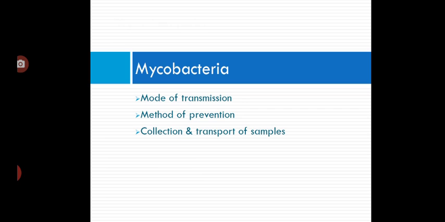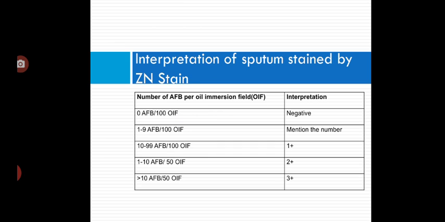In case of leprosy, specimens are collected from the nasal mucosa, skin lesions, and earlobes. Interpretation of sputum stain by ZN stain. First column is the number of acid-fast bacilli seen per oil immersion field, and the next is the interpretation.